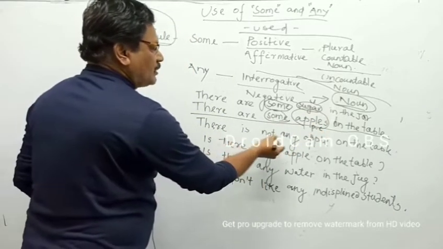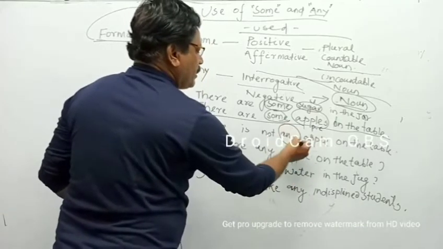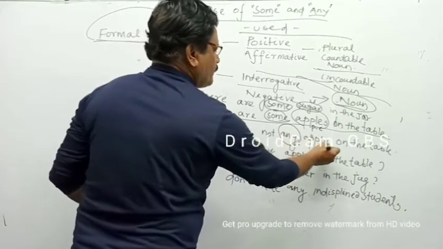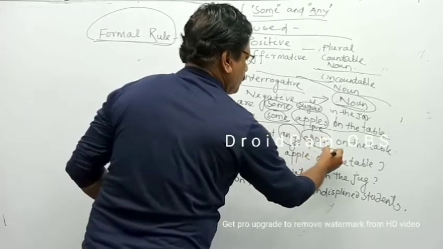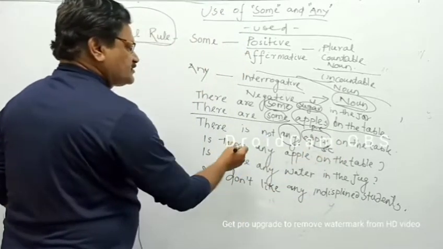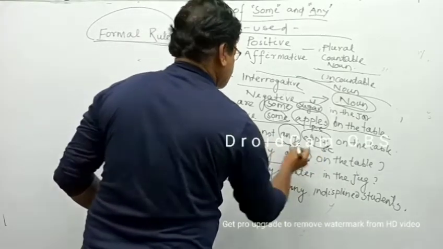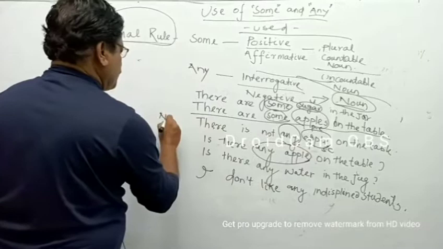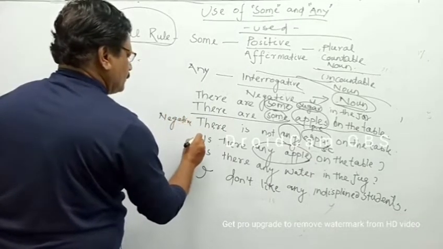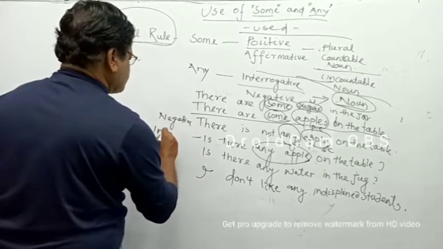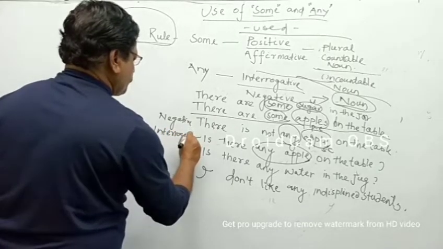There is not any apple on the table. Any can be used before a singular countable noun. It is a negative sentence.